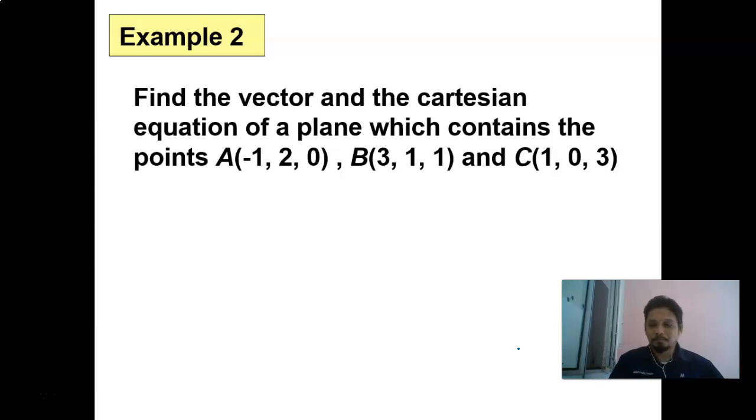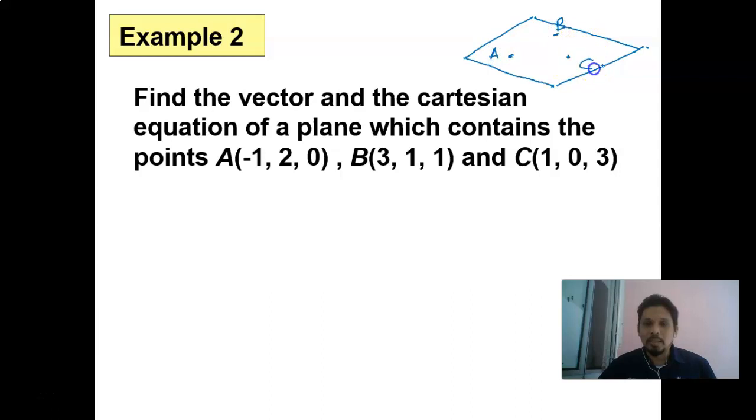Okay, how? If I sketch the plane here, and then this is A, B, and C, there is a vector AB and AC.